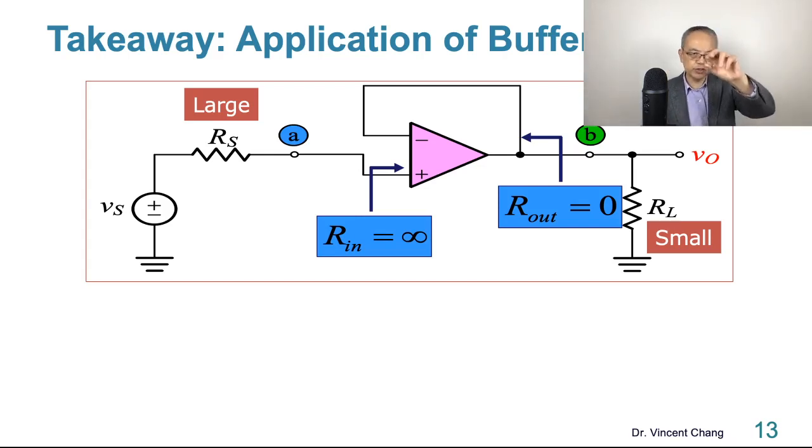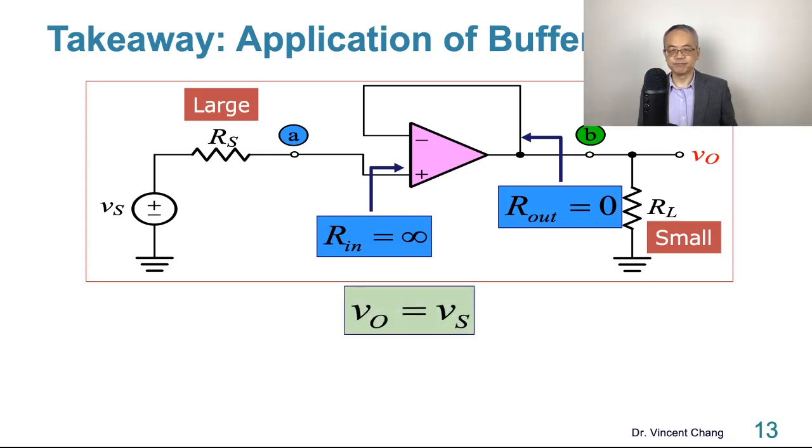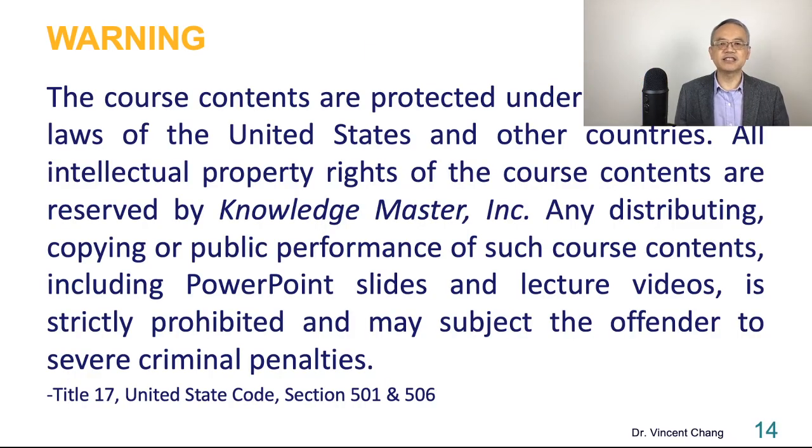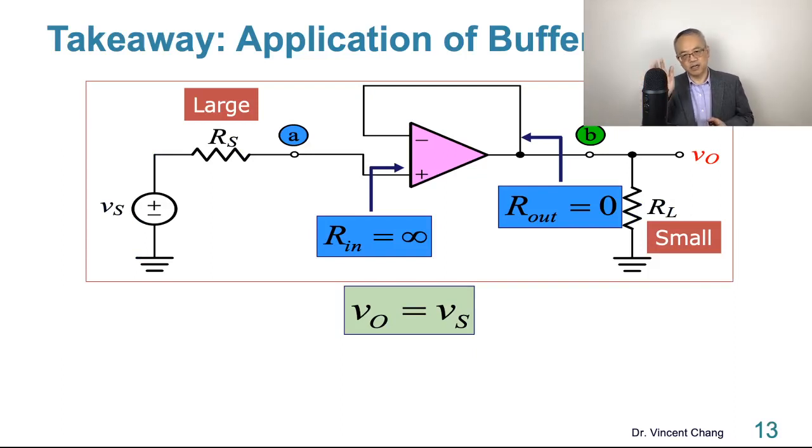So based on the virtual short, VO will be equal to VS. So even with a high resistance signal source and a low resistance load, with the buffer connected between A and B, there will be no signal loss at all. This is the key concept of the unit gain buffer. This is the key takeaway of this lecture.